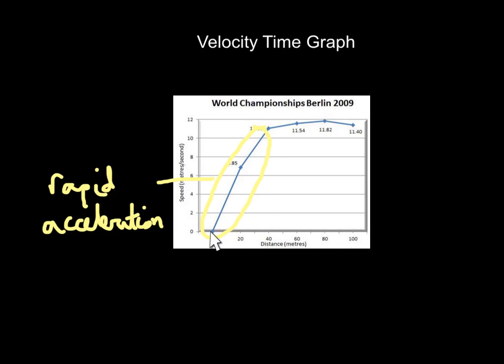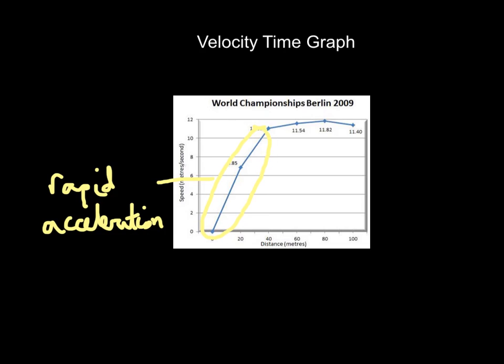He has gone from 0 metres per second to 11.05 metres per second by 30 metres. 30 metres into the race. That is rapid acceleration. So if you think back to that first pin diagram, when he was exploding out the blocks, the friction force is very high, the air resistance is very low, ground reaction and gravity cancel each other out, so he's going to accelerate very, very quickly.